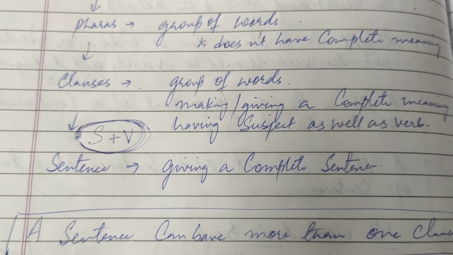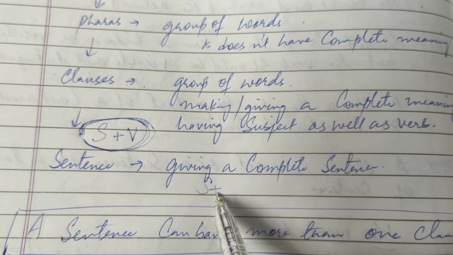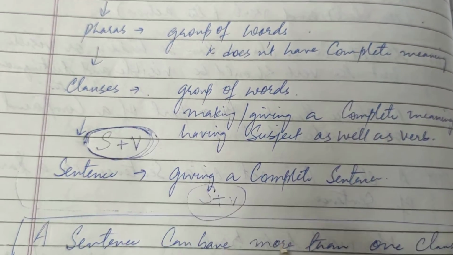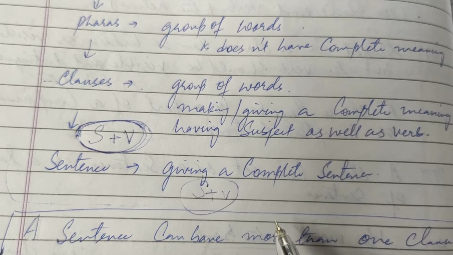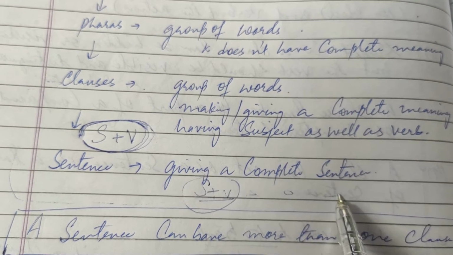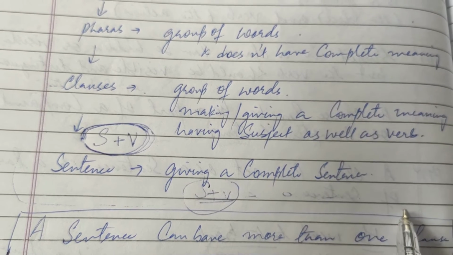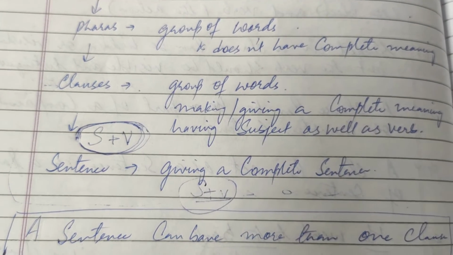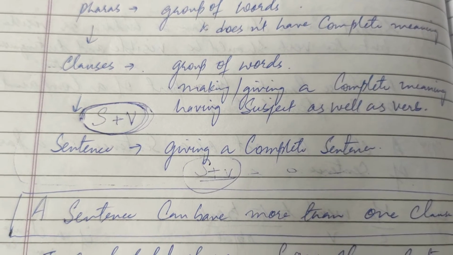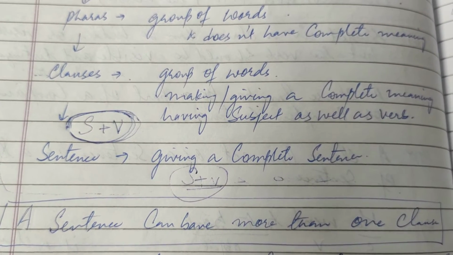If any sentence is having a subject and a verb, we can say that is also a clause. It can also have subject, verb plus object, or the rest of the sentence. That we think is a sentence. So we can say a sentence can have more than one clause.